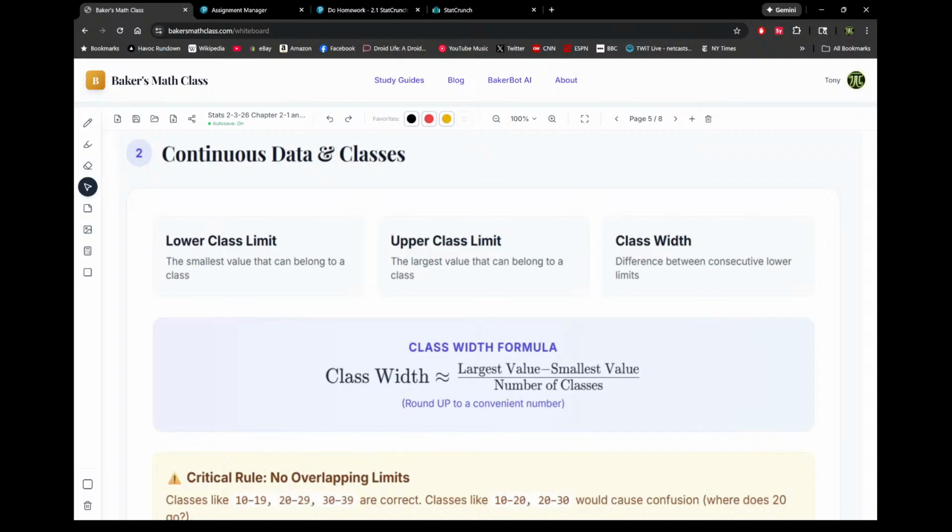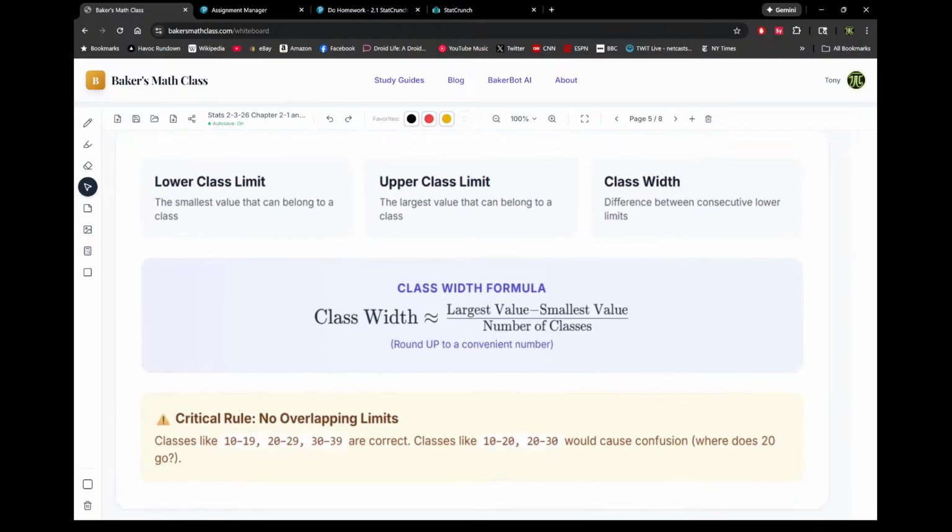Now, before I get into the class width formula, the little thing down the bottom is actually very important. The classes cannot overlap. So I cannot have a class from 10 to 20 and then from 20 to 30. Because then the question is where does the 20 go?